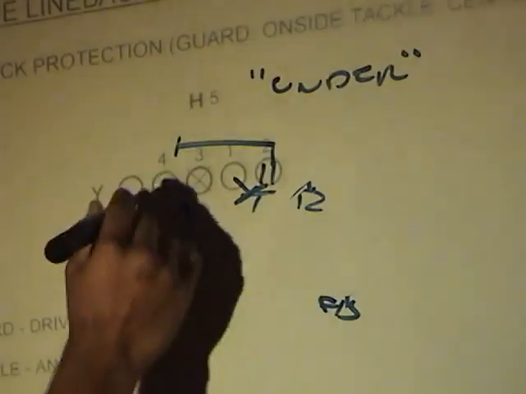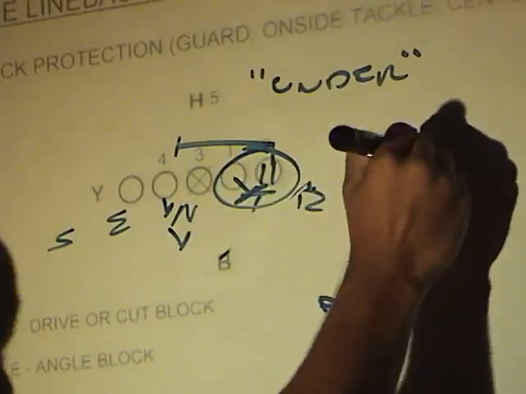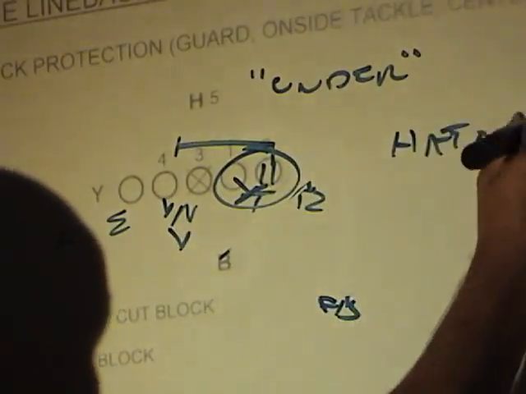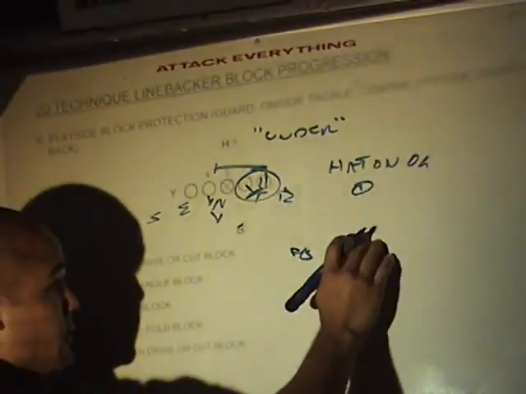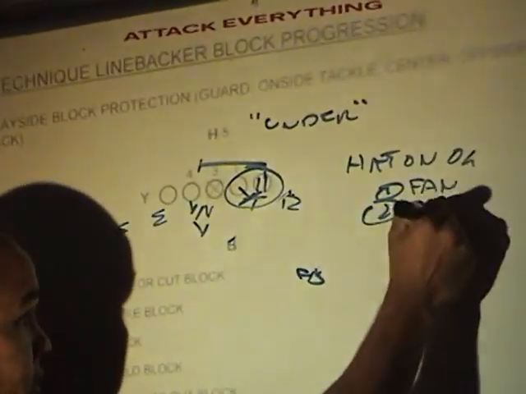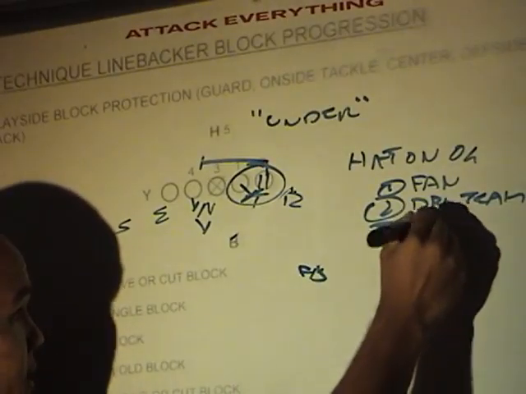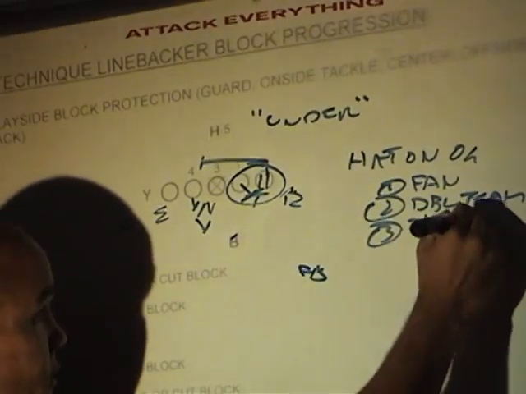I could get that. So now I'm thinking backside guard come off of it. Those are the 2 threats with a hat on by the offensive guard. All right, so 1, I could get fan. 2, I could get double team. 3, which is a backside play, I could get O-tackle pull.